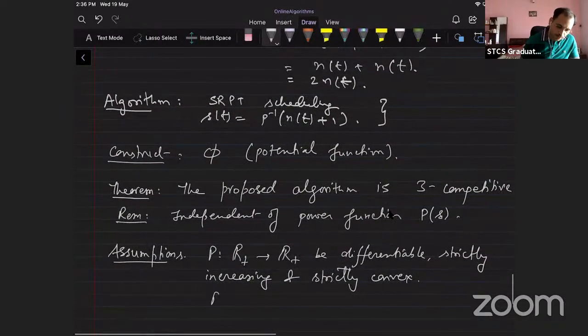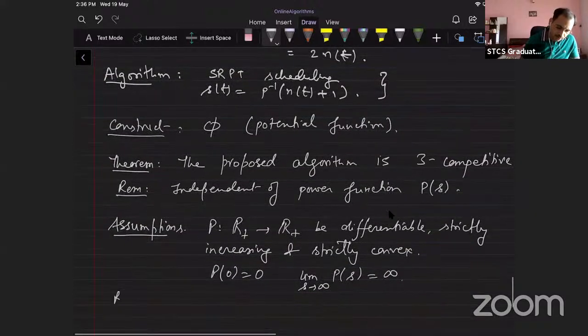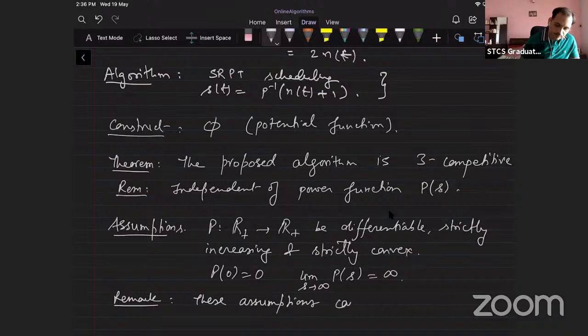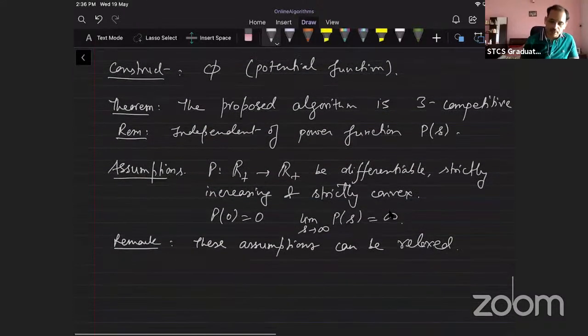Moreover, P of 0 is 0, and strictly increasing will automatically mean this. All right. And a remark is that all these assumptions can be relaxed. So for the moment, we're going to prove it under these assumptions, but you can actually relax them.